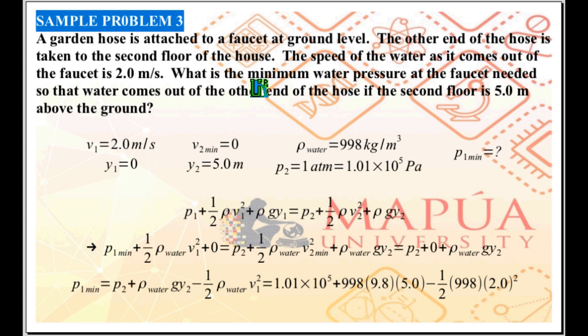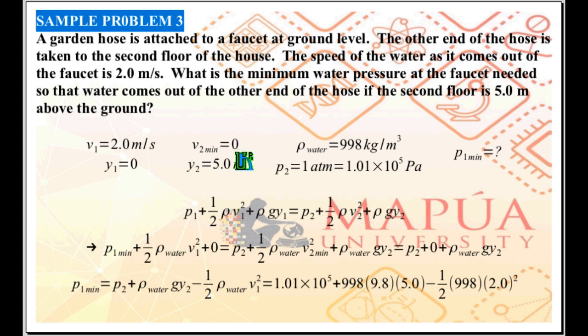What minimum pressure is needed so that water comes out of the other end of the hose? At the very minimum, the speed of water at the other end of the hose must be equal to 0, V2 minimum, such that water is simply dripping out of the hose at the mouth of the hose, but it's still coming out of the hose.